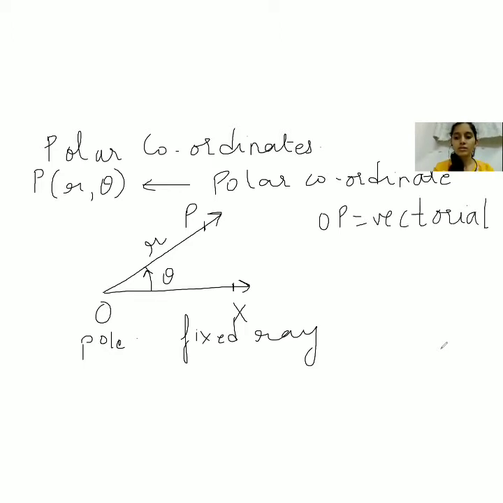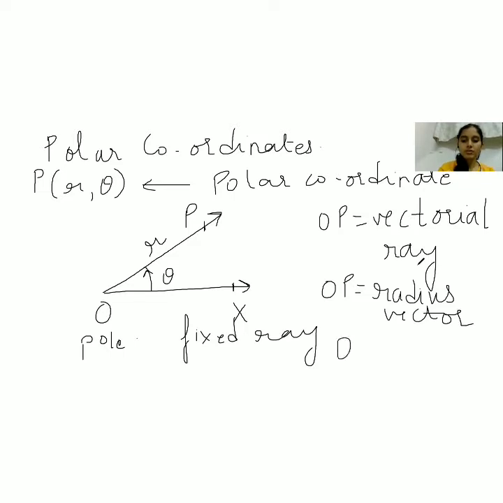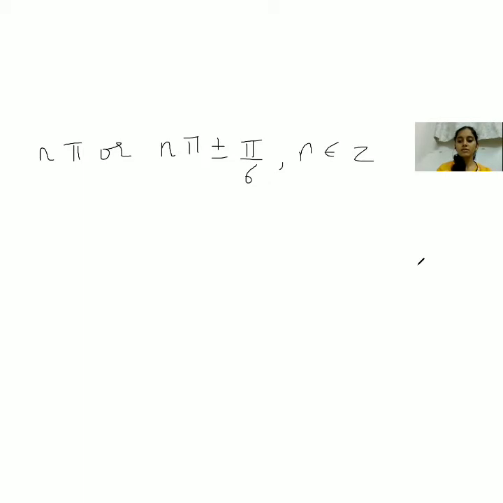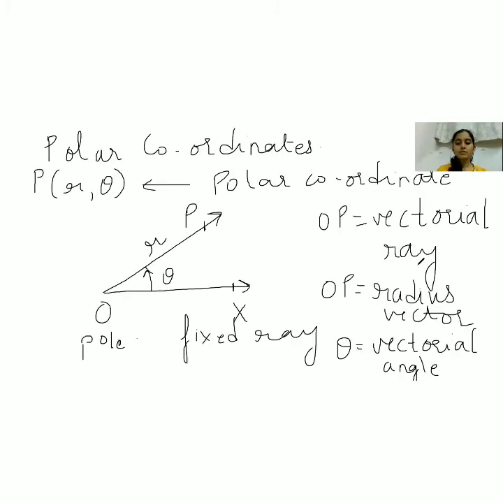OP is also called the vectorial ray, or OP can also be said as the radius vector, and theta here is called the vectorial angle or vector angle. So we have OP as the radius vector and theta as the vectorial angle. That means vector OP is making an angle theta with the fixed ray OX.